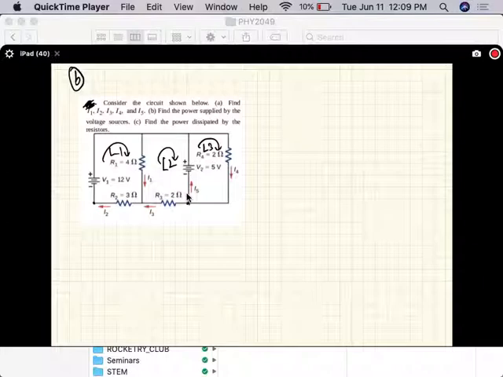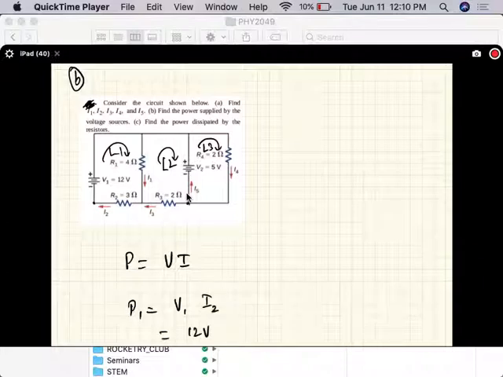So part B, P1, the power supplied by battery V1 is V1 times the current flowing out of the battery. And that's equal to 12 volts. So power supplied by any battery is that, and the current flowing out of that is that.